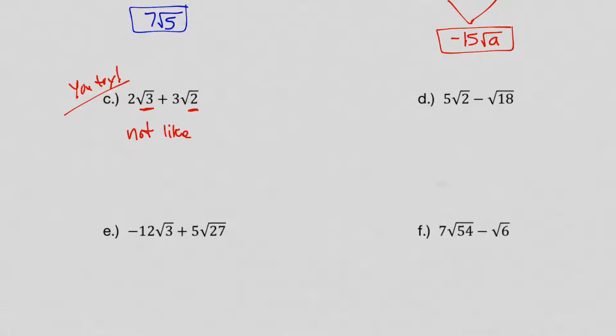It's kind of a trick question. Those are not like, so we cannot add those. They can't be added, and it's already simplified.